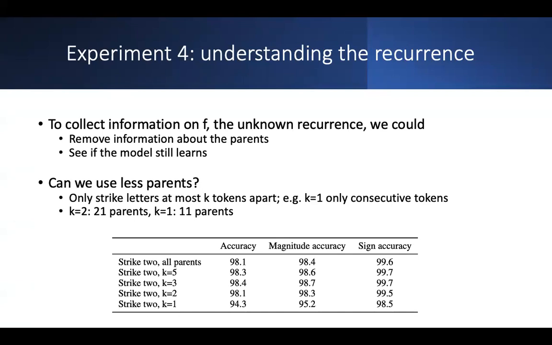So if I only strike adjacent letters, I only have 11 parents. If I strike adjacent or 1 away, I have 21 parents. And if I train my model on that, you can see that for 1 away you lose, but for 2 letters, it's fine. You get the exact same performance, which says that the function I'm looking for doesn't really have 66 variables. It only has 21 if I choose them correctly.